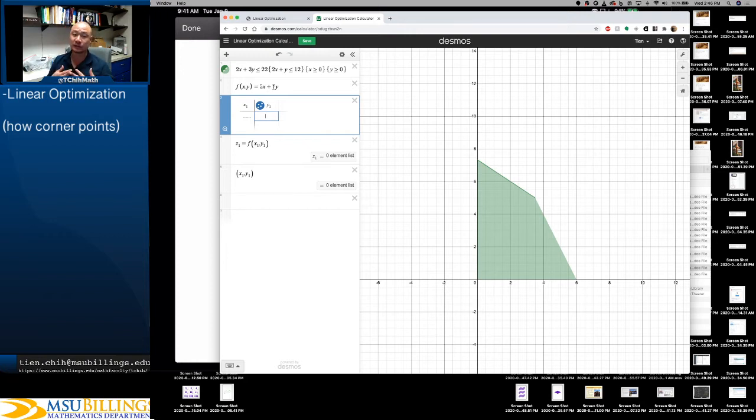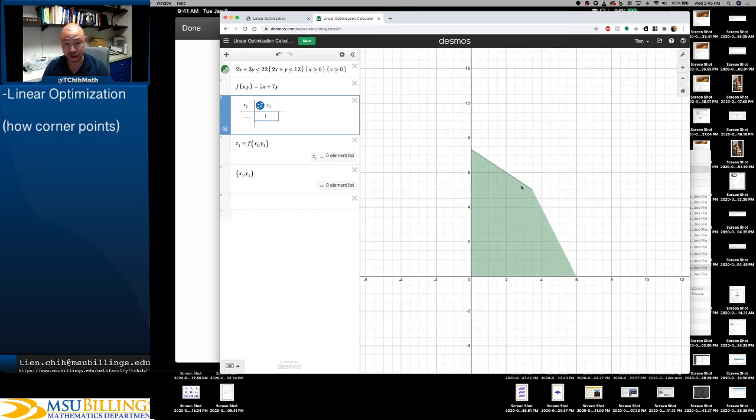And this is important because what I want to do then is take a look at our region, take a look at the 4 points that we have here, those 4 corner points, and then figure out what f of x, y is at those points. So I'm going to take the first most obvious point here, and that is this point 0, 0.